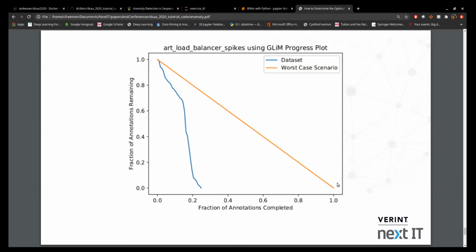So in this figure, we show the progress plot for a time series called art load balancer spikes using an anomaly detection method called GLIM. Without removing clusters and applying MASS, 117 predictions would need to be reviewed by annotators. Using both concepts, only 29 annotations are needed in total, reducing the fraction of needed annotations by almost 80%.